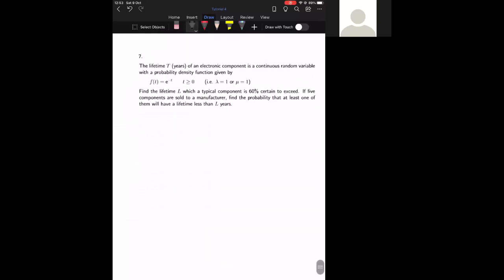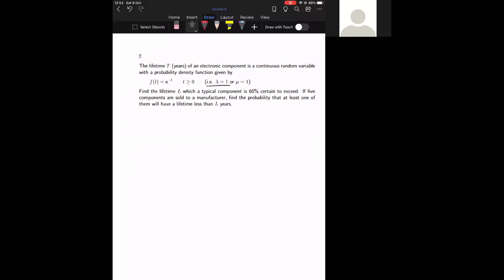which is once again on exponential random variable. So how do I know this is exponential? It doesn't really say anywhere, but it says that lambda is equal to 1.